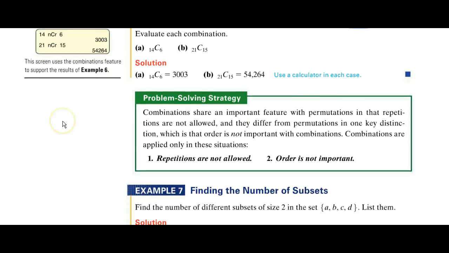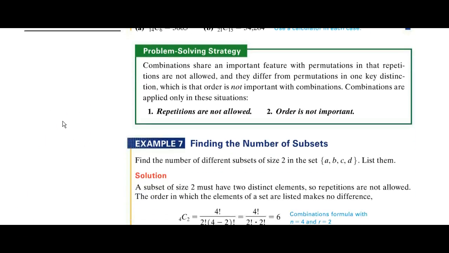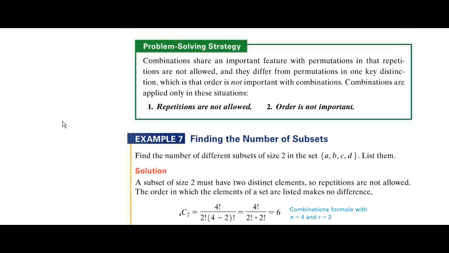So one of the key things that we need to include in your notes, as we did for permutations, combinations, when we do summary, again, looking at problem-solving strategy, when we deal with combinations, they share an important feature with permutations in that repetitions are not allowed.